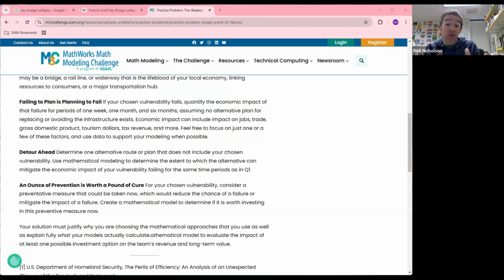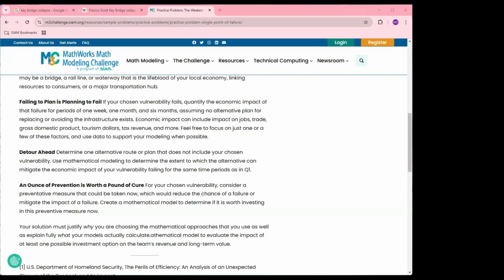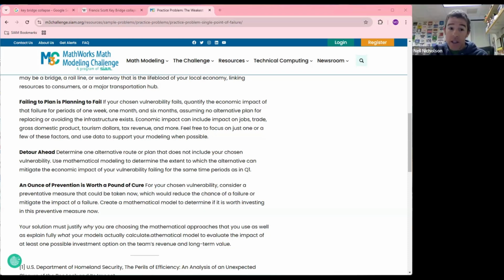And if that bridge failed, you'd have to go like 30 miles the other direction to get to the main town. And maybe my team might look at the people who are going to have to miss work because of this bridge. So having a discussion on how we want to define the question.